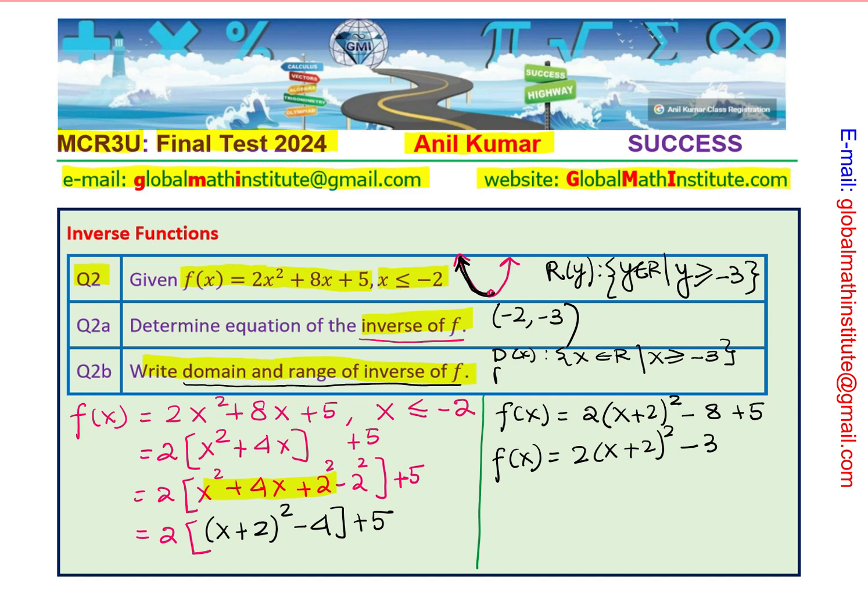And as far as the range of the inverse is concerned, it will be y belongs to real numbers where y ≤ -2. Perfect. So now we have the domain and range of this particular function, right?